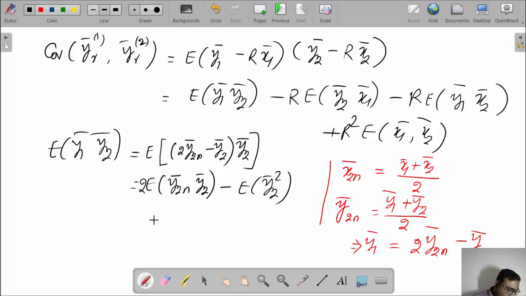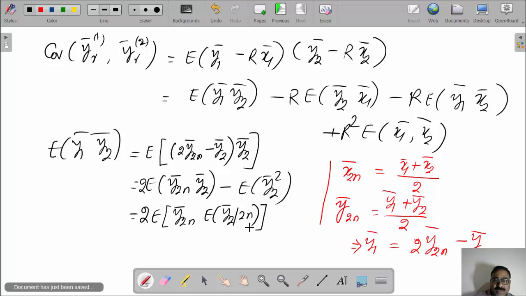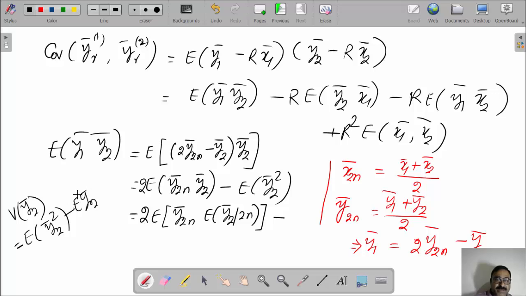Now this is equal to 2 expectation of y2n bar times expectation of y2 bar given 2n, minus expectation of y2 bar square. We have variance of y2 bar equal to expectation of y2 bar square minus expectation of y2 bar whole square. So that is equal to expectation of y2 bar square minus y bar square.